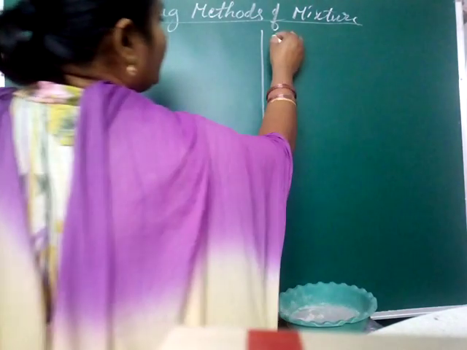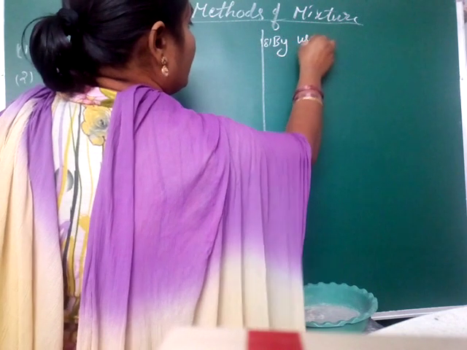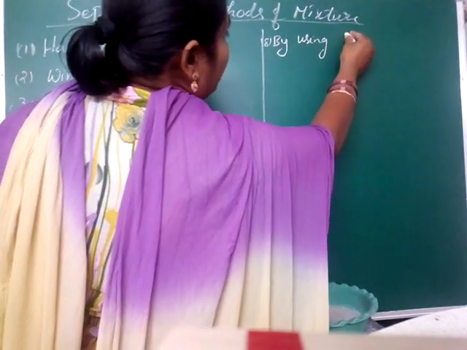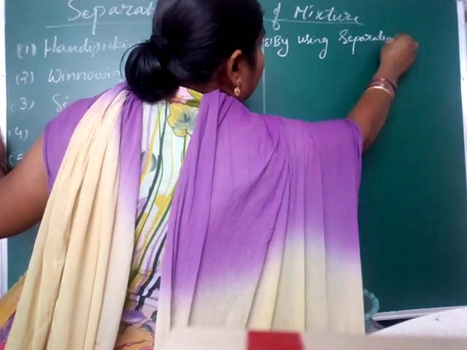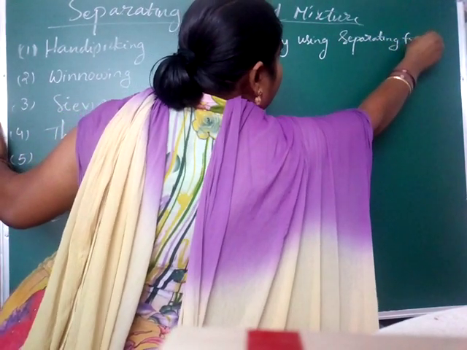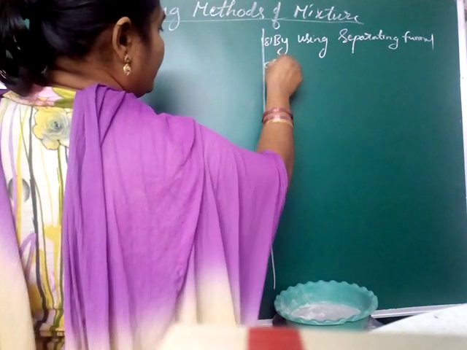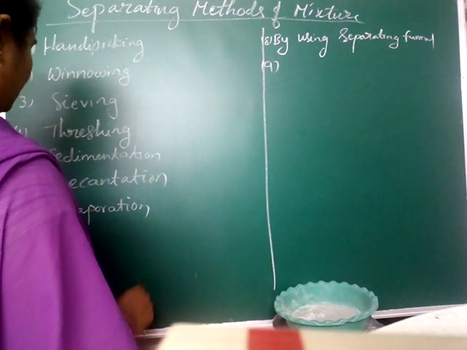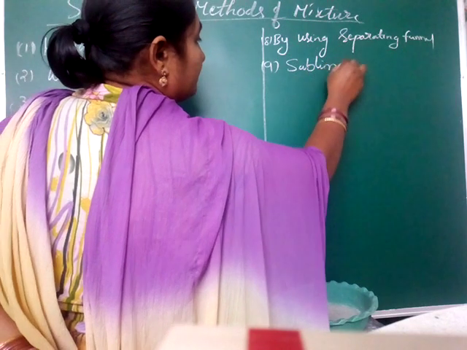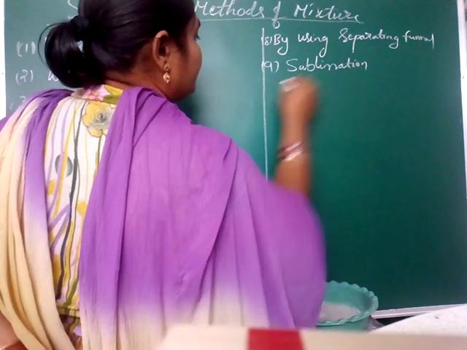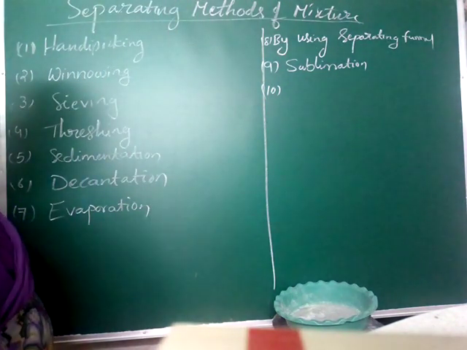Now come to using a separating funnel. By using the separating funnel, we can separate some mixtures in our daily life. And sublimation. Sublimation is another process to separate mixtures.